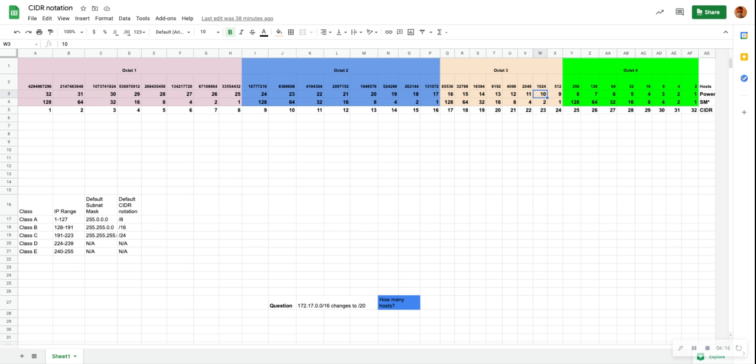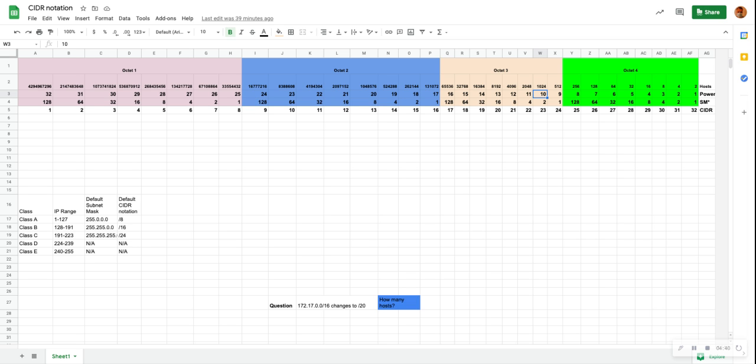Okay, so your CIDR notation, when you look at IP addresses and you may see a /16 after it, for example, that's telling the network what is a network address and what is available for a host. So /16 essentially means 16 bits are reserved for network addresses and 16 for hosts.